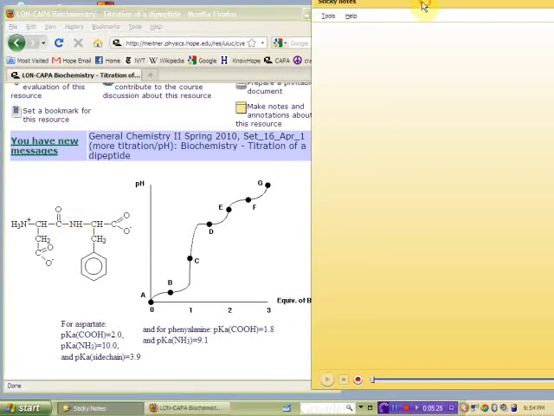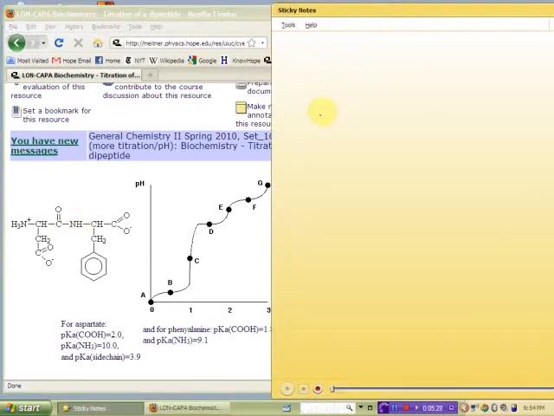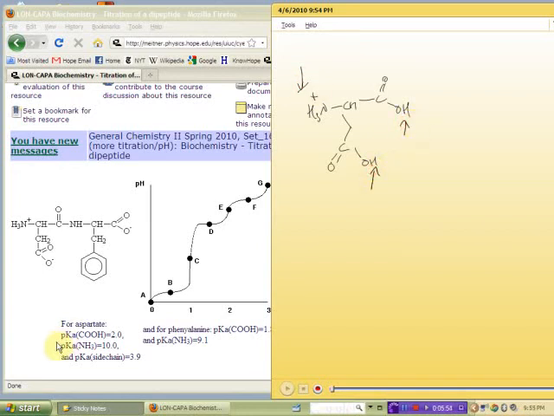Aspartate itself is something that is really a triprotic acid. In other words, one of these three protons can be removed, this proton can be removed, and this proton can be removed.